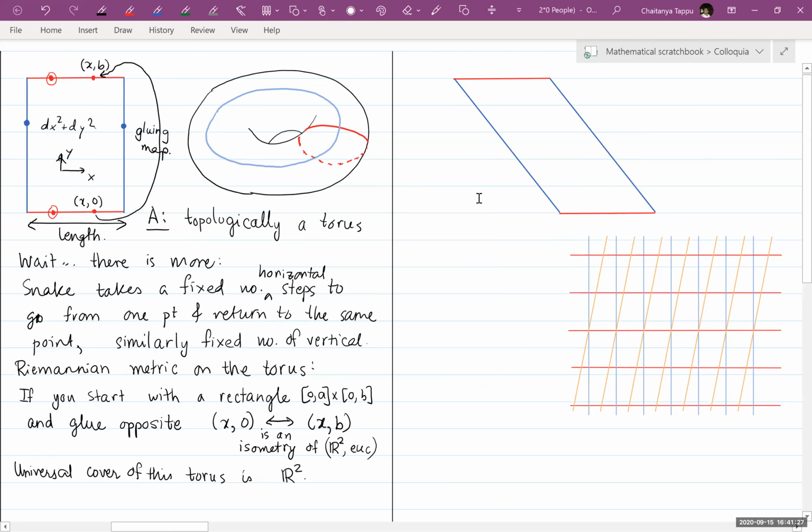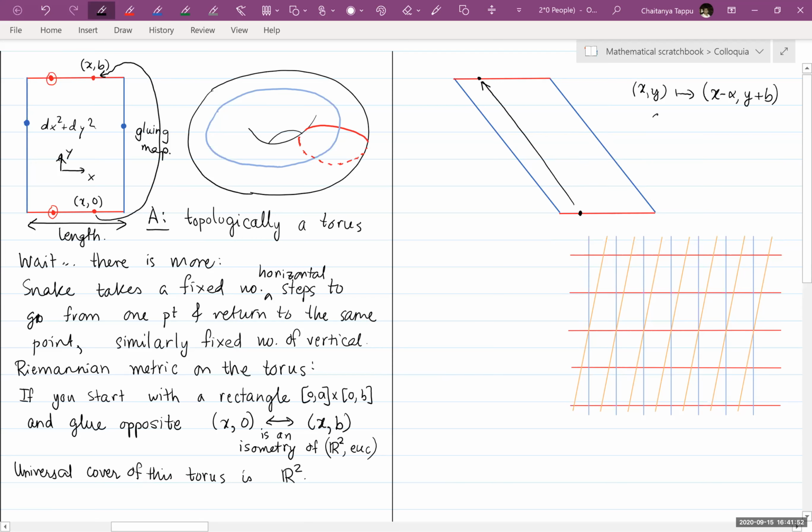As you can see, again, the gluing maps will be the same sort of isometries, but they'll be slightly different. So here, this gluing map will be of the form x comma y maps to x minus alpha comma y plus b.